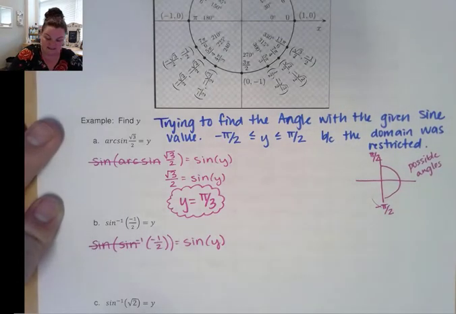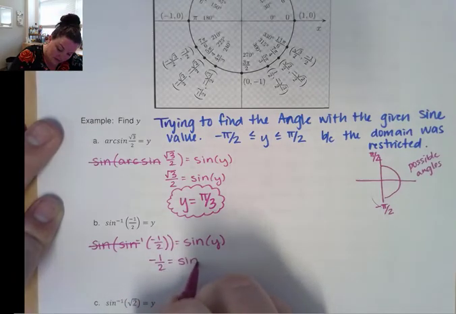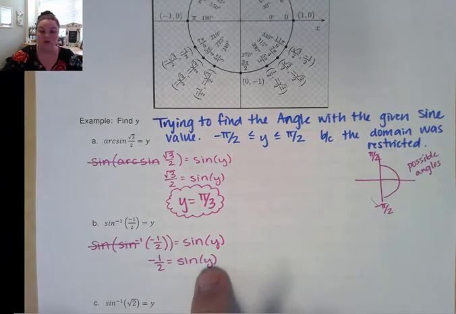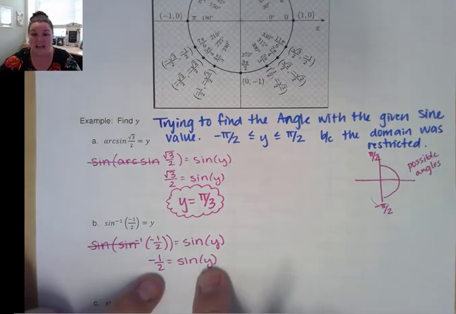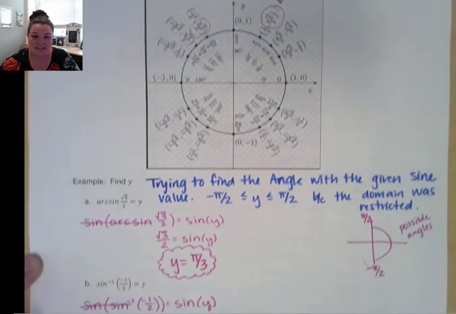Again, sine and sine inverse are going to cancel out. So we have a -1/2, which is the sine value we're looking for to determine what this angle y is.